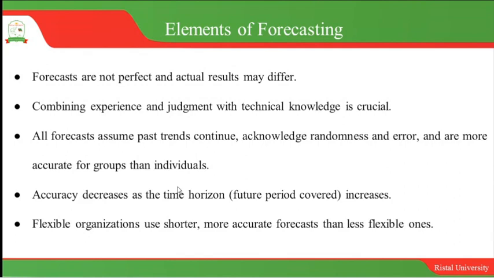We can rely and focus on past experience. We are also saying all forecasts assume past trends. So we look back, they acknowledge randomness. So even as we are forecasting, random things can emerge.